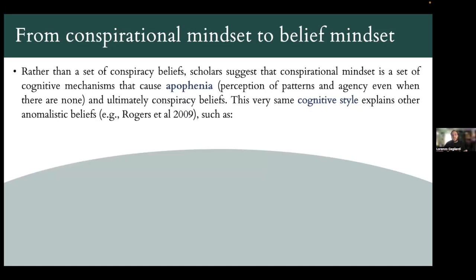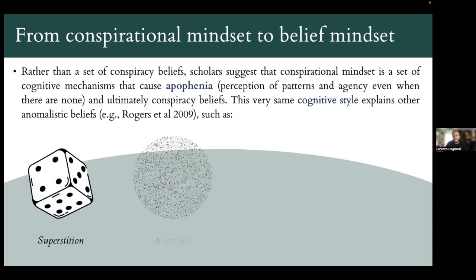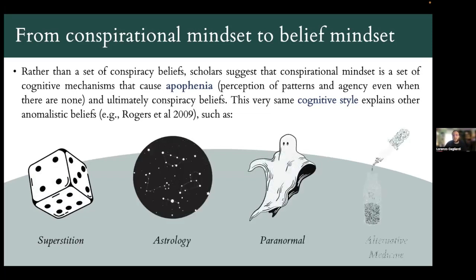And these very same cognitive styles can explain other networks of beliefs, for example, superstition or astrology, paranormal, alternative medicine. All of these networks of beliefs imply the overperception of causal links, causal patterns in natural data.